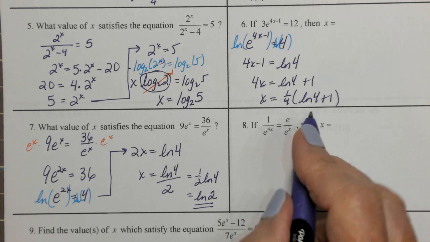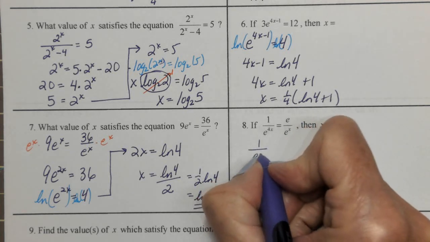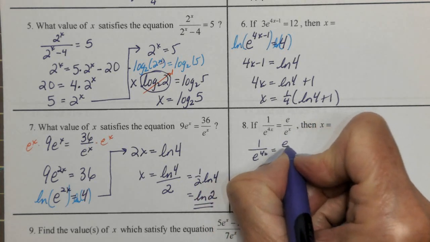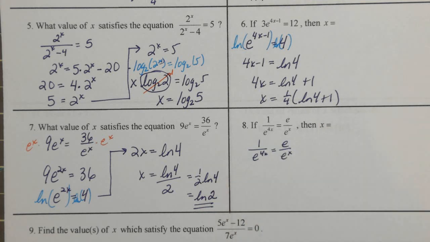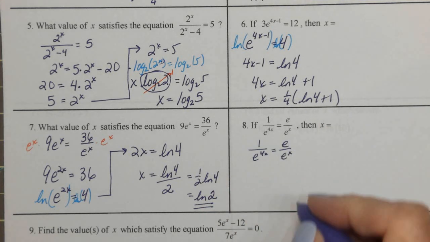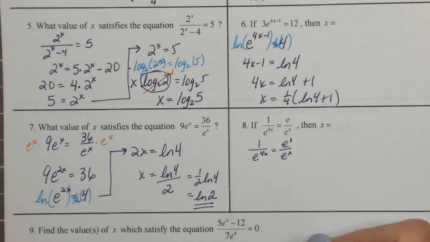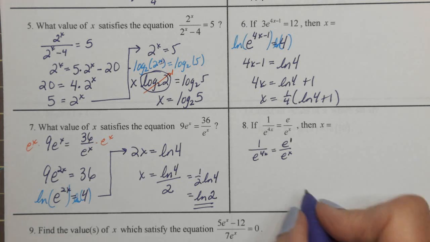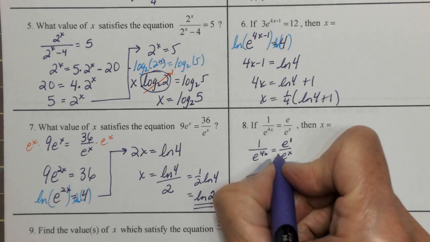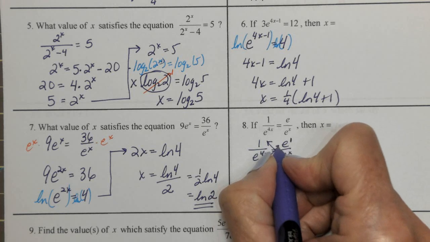Let's try this one. We have 1 over e to the 4x is equal to e over e to the x. Oh, what a mess. I do notice that this is a power of 1 here. I can think of a few different ways to do this. I might like cross multiply here.